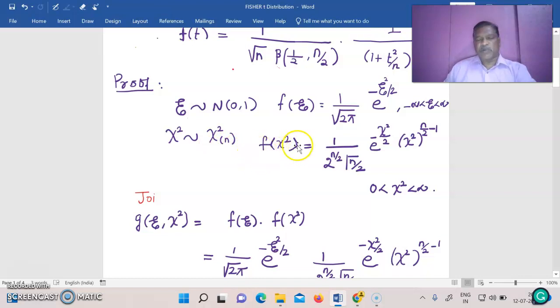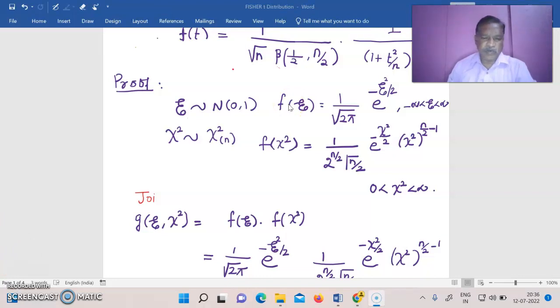Therefore, probability function of chi-square is 1 divided by 2 power n by 2, gamma n by 2, e power minus chi-square by 2, chi-square power n by 2 minus 1, with the range 0 to infinity.